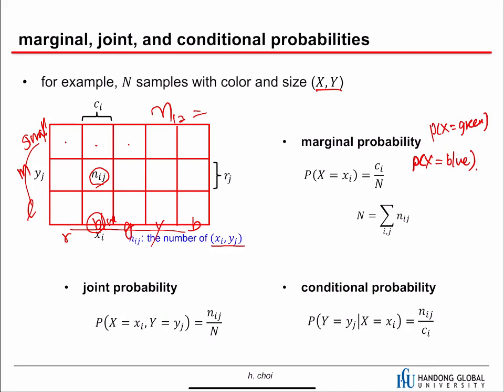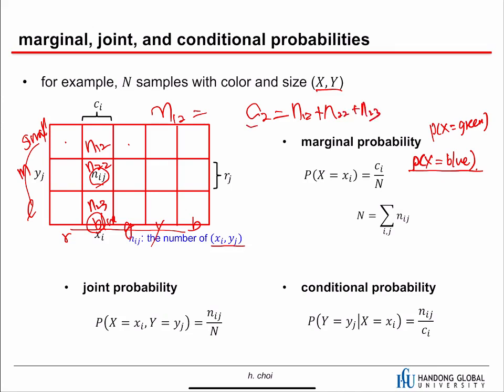So let's talk about one specific case. In this case, we have n1 2, n2 2, n2 3. So we have to calculate c2, which is n1 2 plus n2 2 plus n2 3.